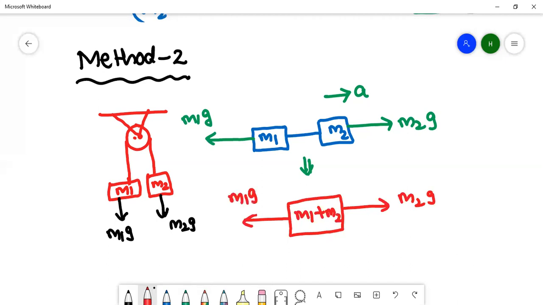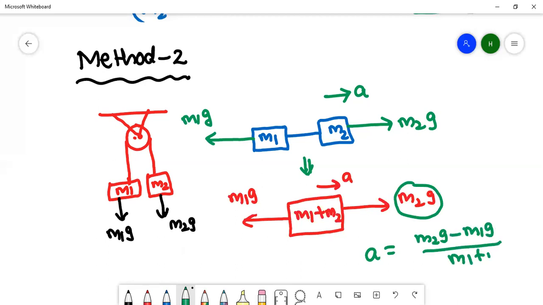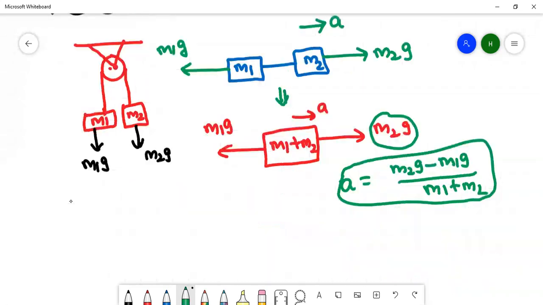Acceleration A is equal to M2G minus M1G divided by M1 plus M2. See, in a simple way we got this one. So acceleration A is equal to M2 minus M1 into G divided by M1 plus M2, we got here.